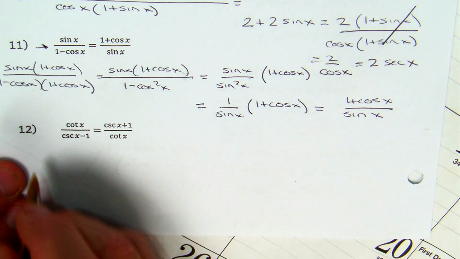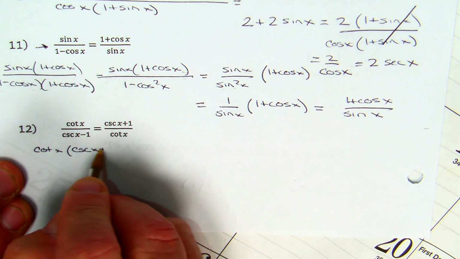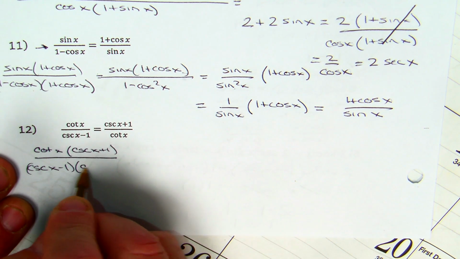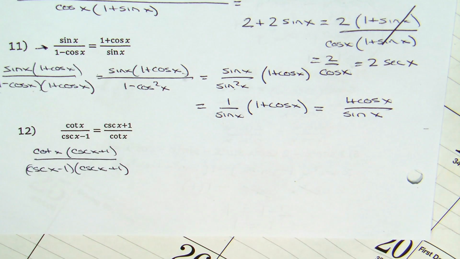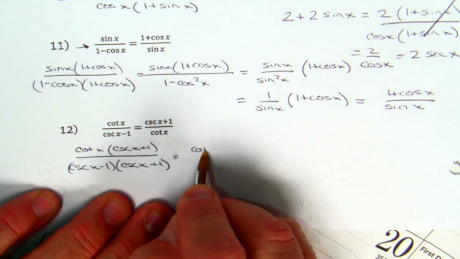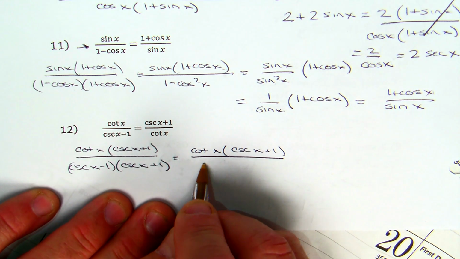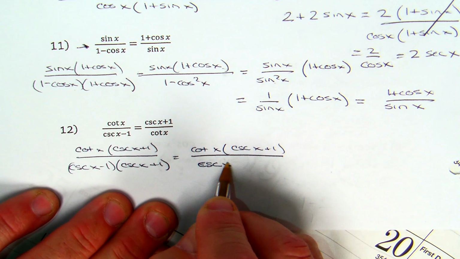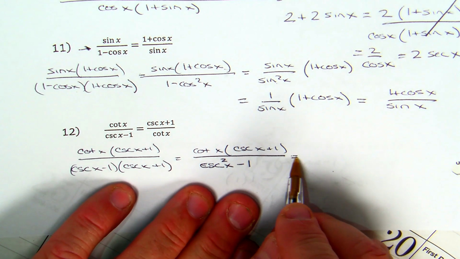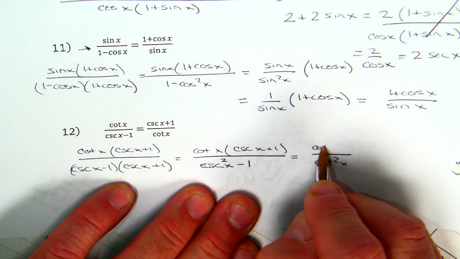And then the bottom one's going to be similar. Cotangent x, cosecant x plus 1 over cosecant x minus 1, cosecant x plus 1. Equals cotangent x, cosecant x plus 1. They're conjugates of each other, so I'm going to have cosecant squared x minus 1. By Pythagorean identities, cosecant squared x minus 1 is cotangent squared x.